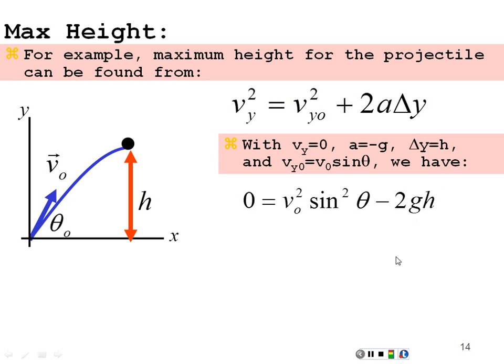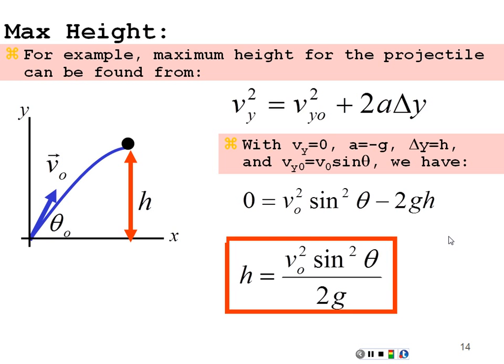Solving for h, we have that our maximum height is our initial speed, v naught squared, times sine squared of our initial launch angle, theta, over 2 times 9.8. That's how high we'll go. Neglecting air friction, that's how high this projectile will go.